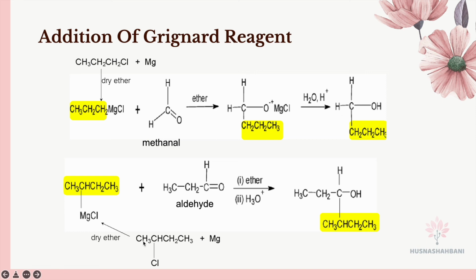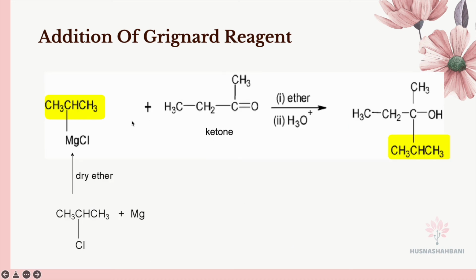And then next, we have aldehyde other than methanal. It will produce secondary alcohol. You've learned this in the preparation of alcohol, chapter hydroxy compound. And finally, if you react the Grignard reagent with ketone, the product will be tertiary alcohol.